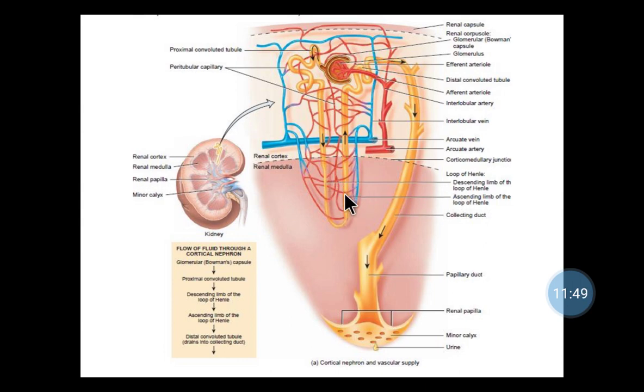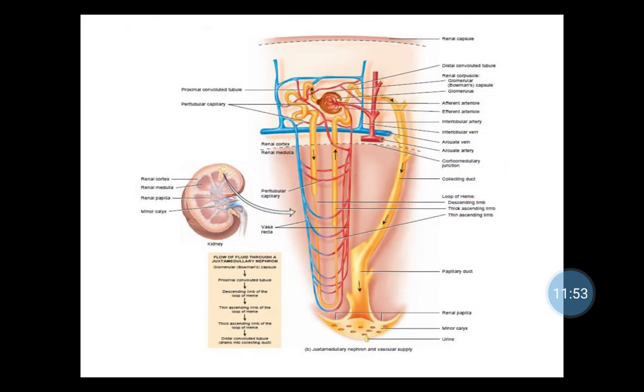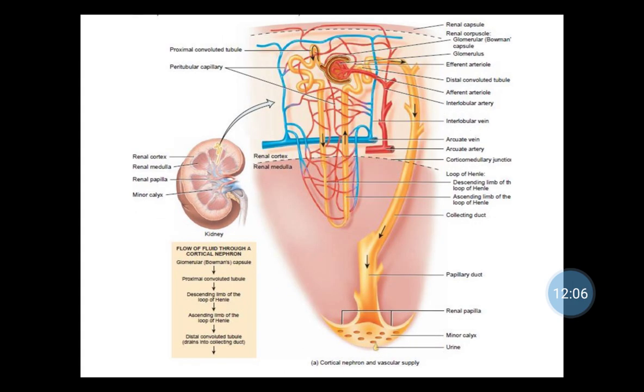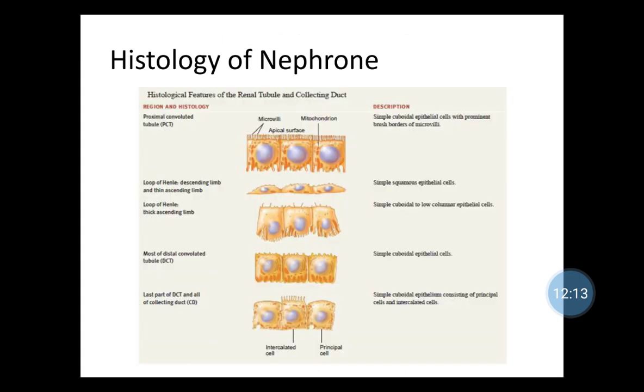Here there is only one ascending limb, and in the juxtamedullary nephron there is a thin ascending limb and a thick ascending limb. The loop of Henle is divided into two parts, the descending limb and the ascending limb. This is all about the nephron.